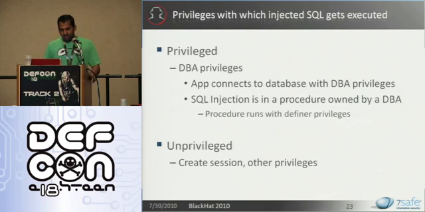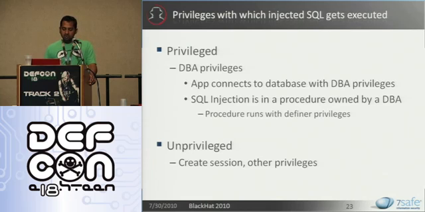For example, a typical privileged SQL injection would be when whatever SQL I am injecting gets executed with DBA privileges. It could happen in a number of scenarios. For example, the application itself connects to the database with DBA privileges. It is not very common to see developers doing that.